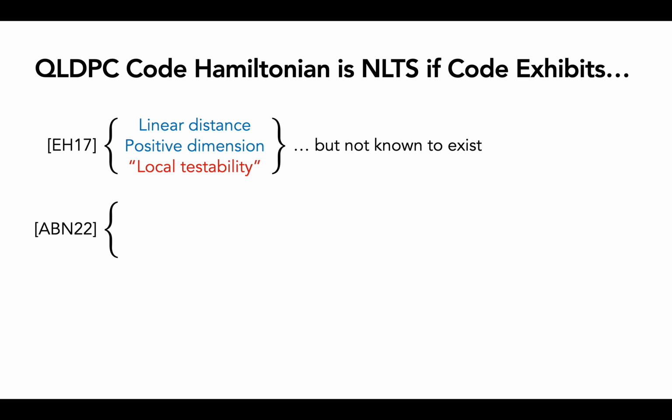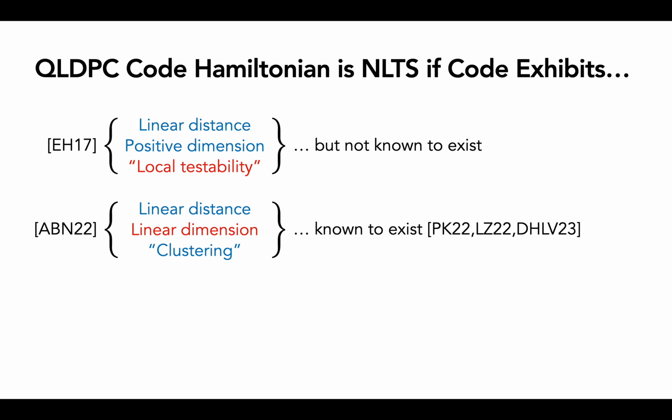Now, Anshu, Breuckmann, and Nirkhe went from this conjectural construction to a concrete explicit construction by showing that quantum LDPC codes with linear distance, linear dimension, and a weaker testability property, which I'll call clustering here, yield NLTS Hamiltonians.